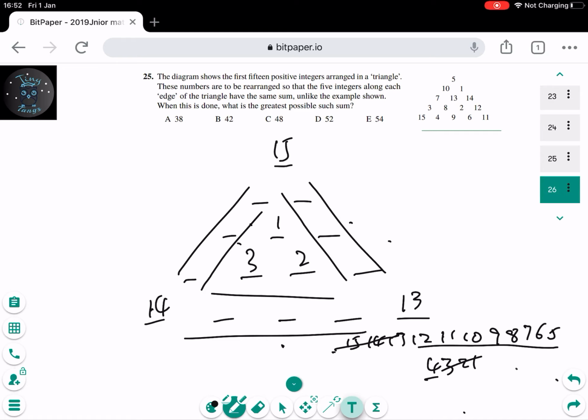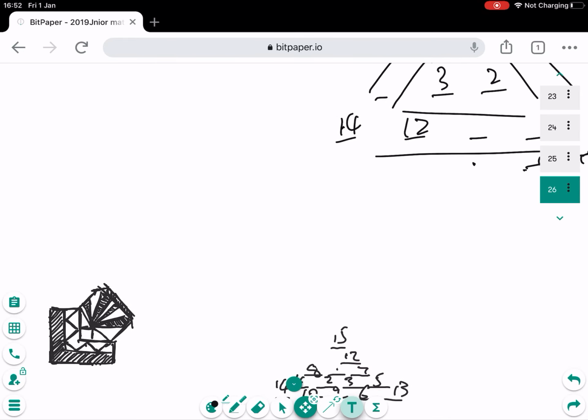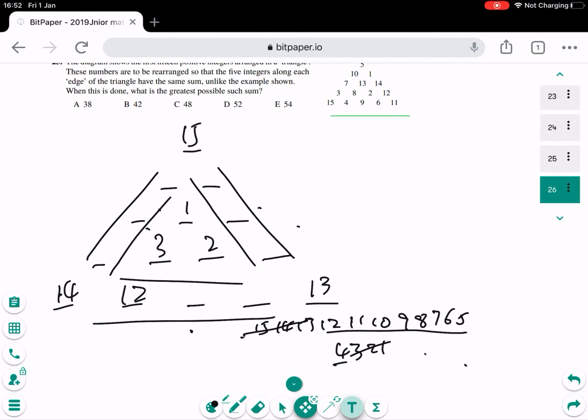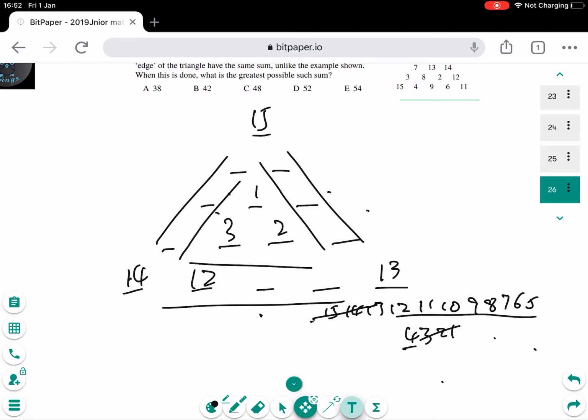So we can try 12, and then we can try 12. Wait, something went wrong there.